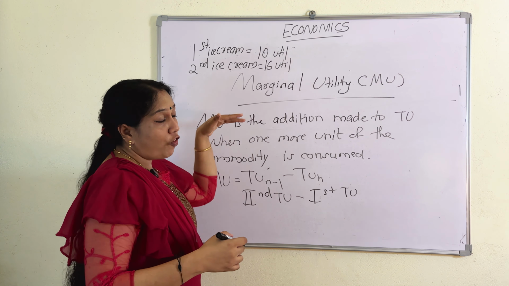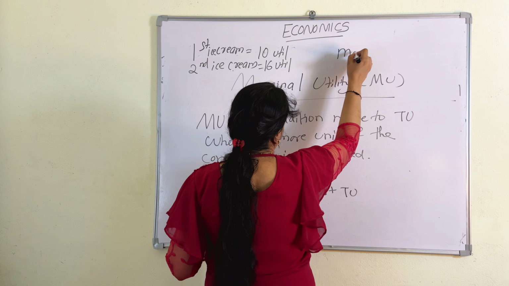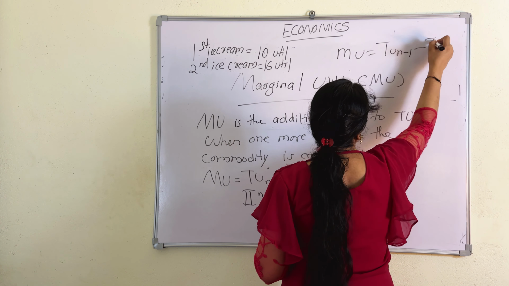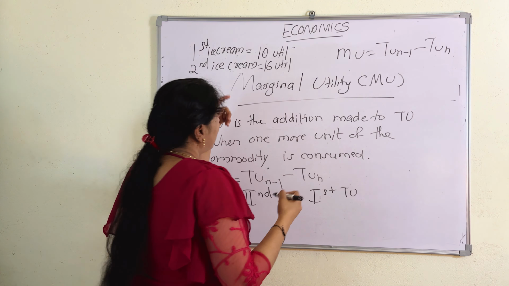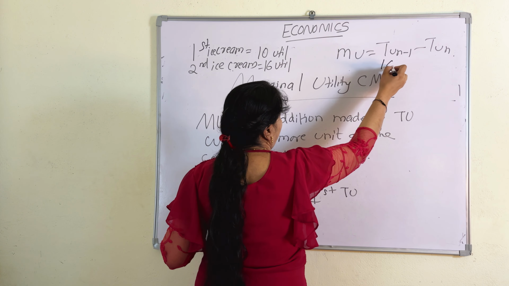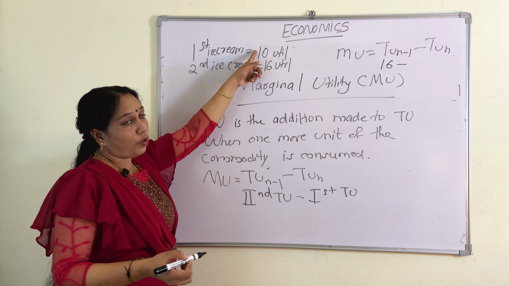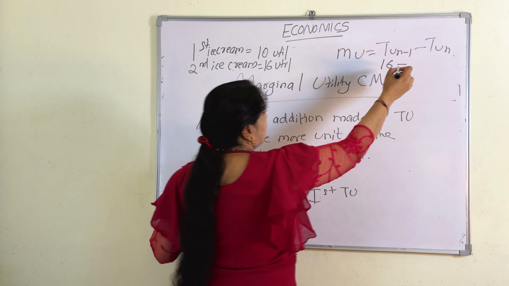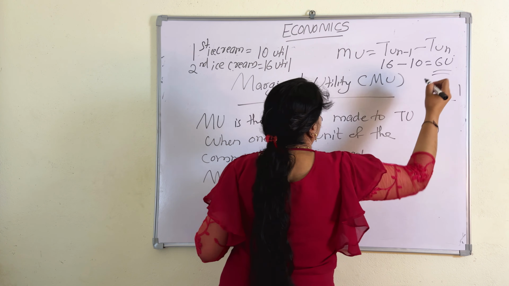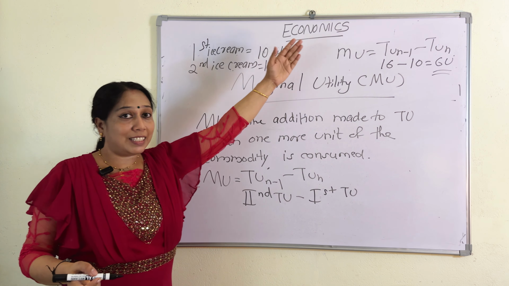Okay, then how to find out the marginal utility means TUN minus 1 minus TUN. That is second total utility, that is 16, minus first total utility is 10. So 16 minus 10, 6 util. Marginal utility is 6 util.